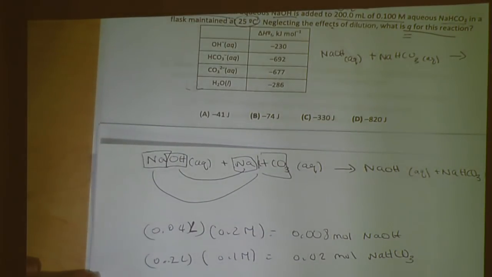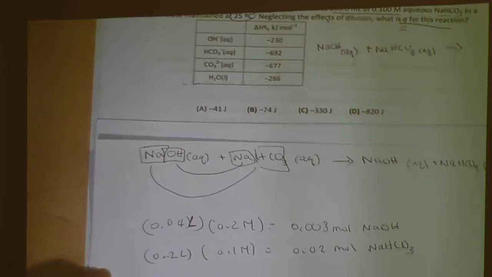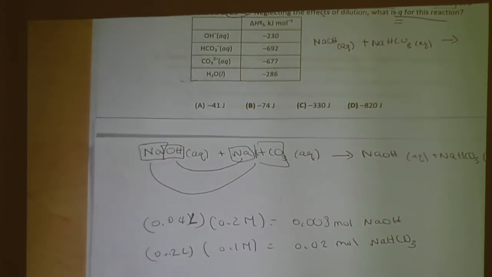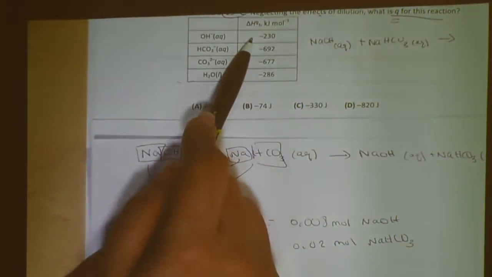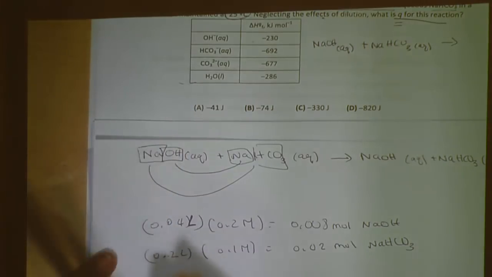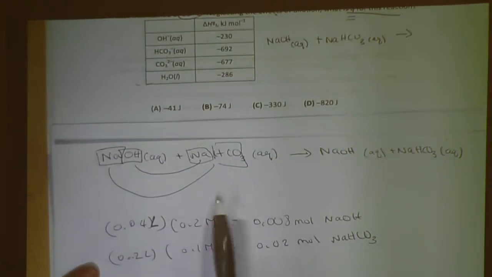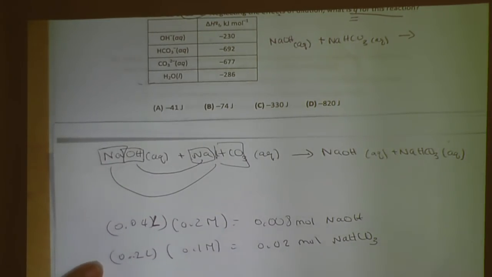Okay. So this is the moles of each that I have. What you have is it's giving you the kilojoules per mole of each of these. If we use the net ionic equation for this one, all of them are going to cancel out, right? Because they're all aqueous. There's no solid. So we can't use this method anymore.